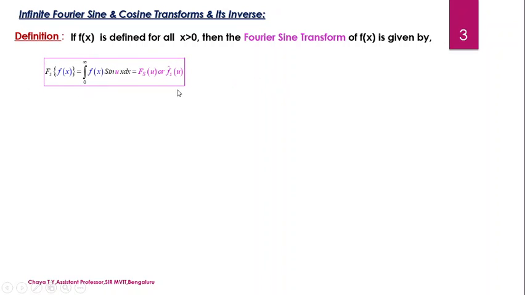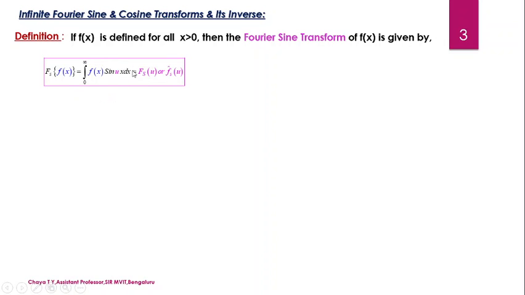Then mathematically the Fourier sine transformation of f of x, denoted by F suffix s of u, or you can also represent the same as Fs cap of u, is the integral from 0 to infinity of f of x sine ux dx.